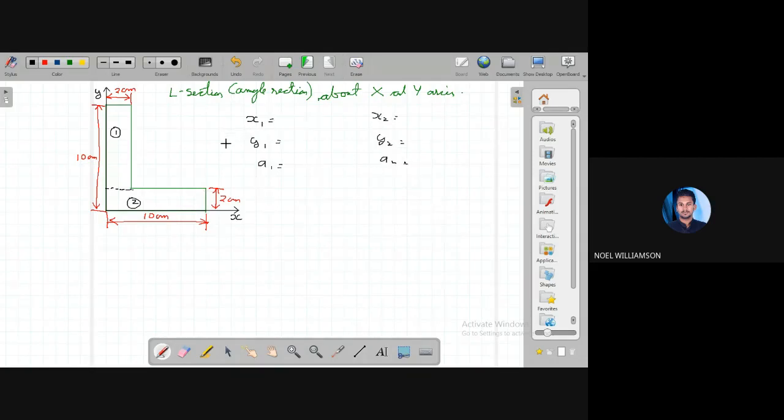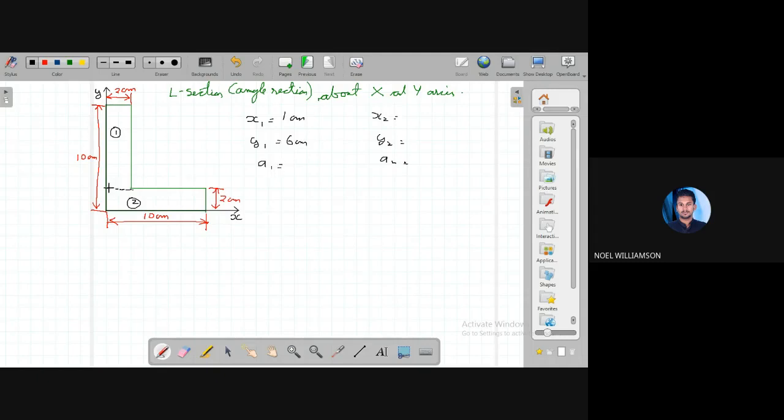So x1 is 1 centimeter. y1 is 2 plus 8 by 2, here 1 is this particular rectangle, so the total length is 8, and this particular length is 2, so 2 plus 8 by 2, that is 6 centimeter.